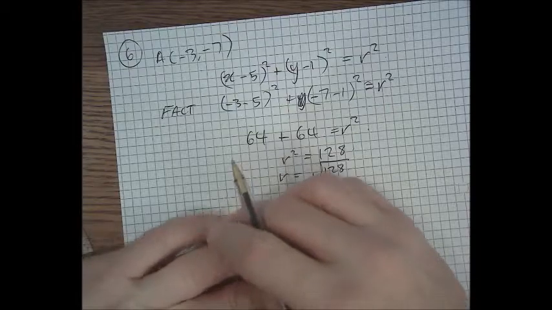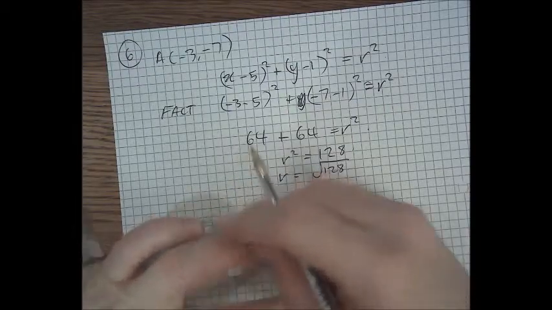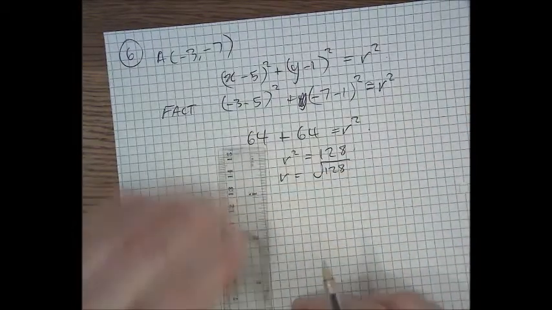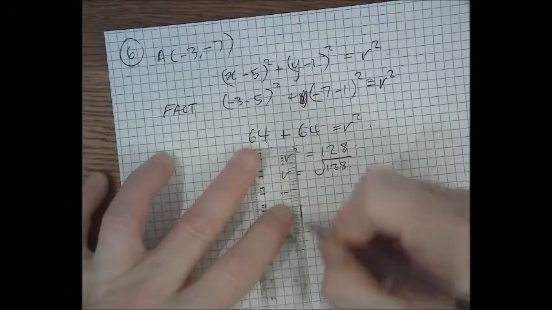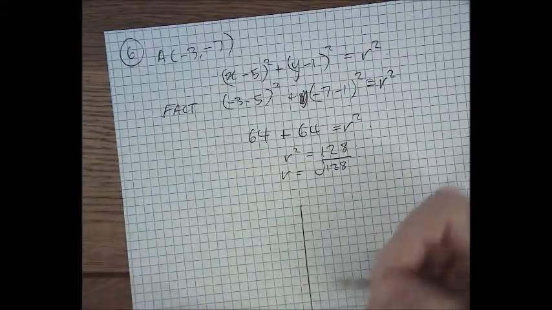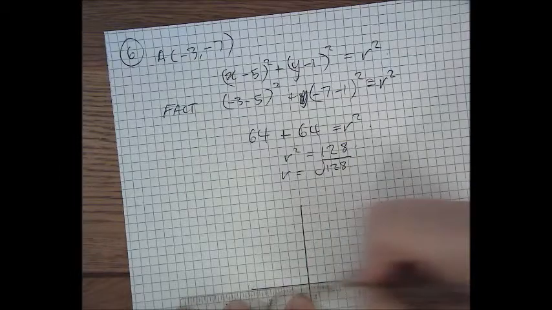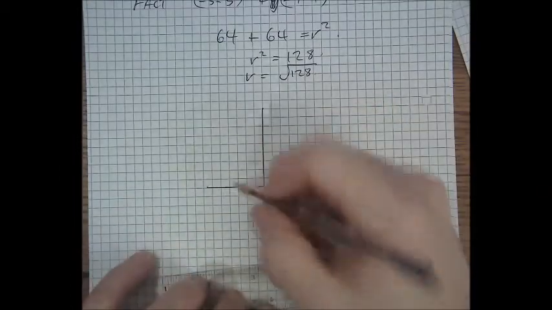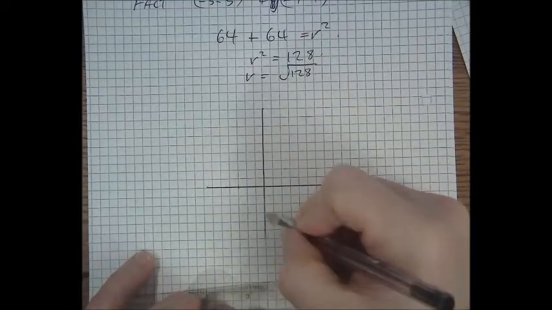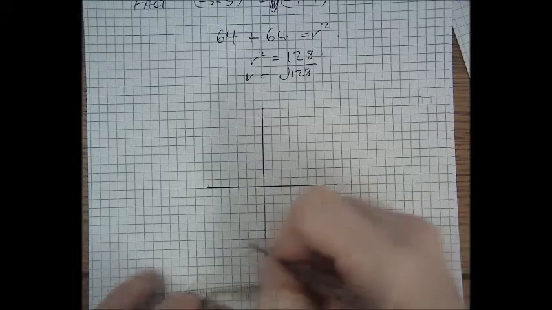Now my job is to find the equation of the tangent to the circle at A, so I definitely need a diagram. Here's -3, -7.